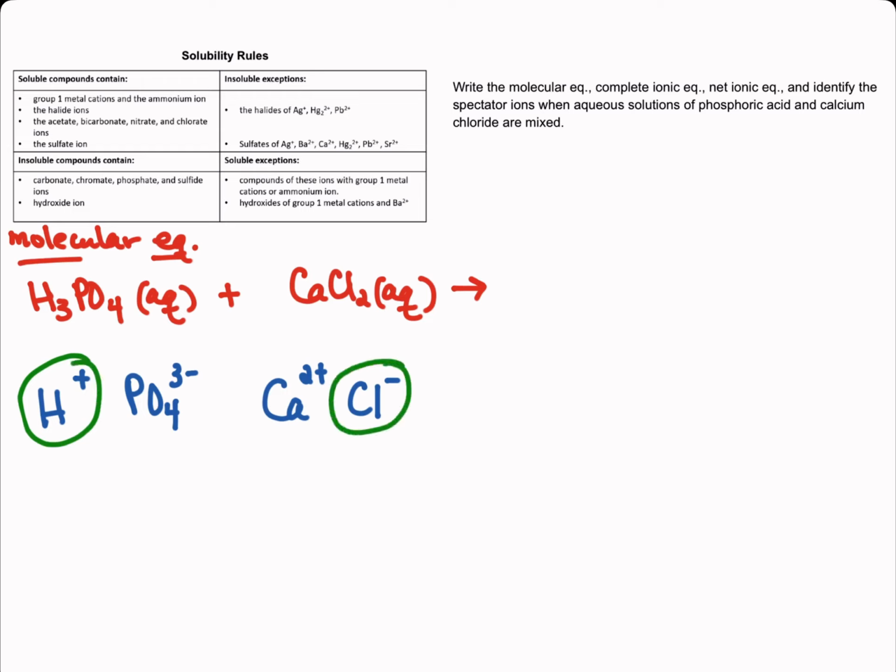H plus with Cl minus is going to give you HCl. You're going to use the table. Halides are mostly soluble, except with these exceptions. H is not one of the exceptions, so it gets the symbol AQ.